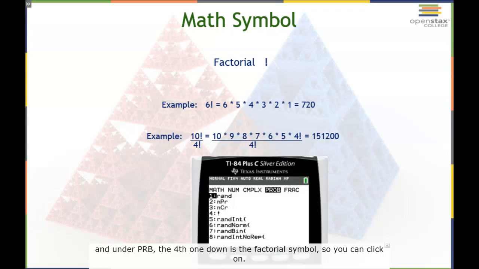So you could type 6, then go to Math, Prob, 4 for factorial, divided by something else, and it will do the factorials for you. Longhand this is the way that you would do it. But on the calculator, most calculators that can do any major calculations like the TI-84 or the lower cousin of the TI-84, the TI-30, both of them do have this factorial built into it.